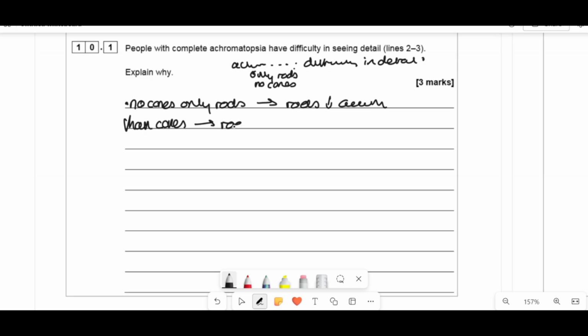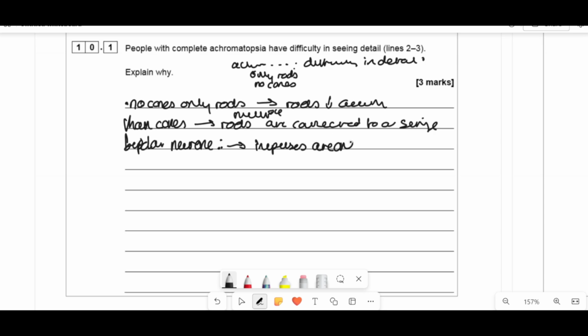It's because multiple rods are connected to a single bipolar neuron, whereas for cones, it's only one. Therefore, that still doesn't tell me why it causes the difficulty in detail. We've said, yes, it reduces the acuity, but we haven't told them why. It means that the impulses aren't separate to the brain. Impulses are sent as one to the brain.